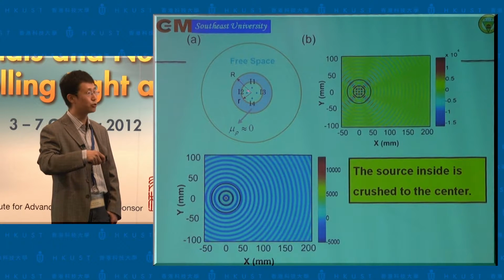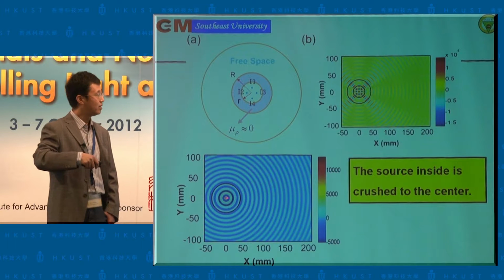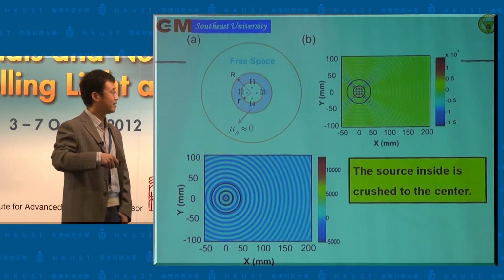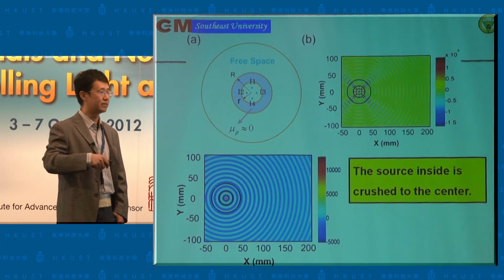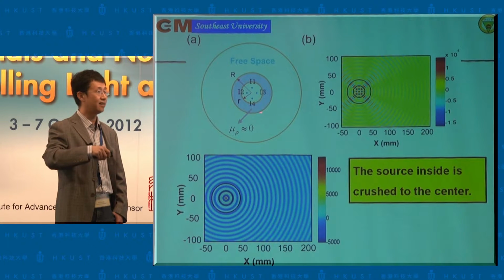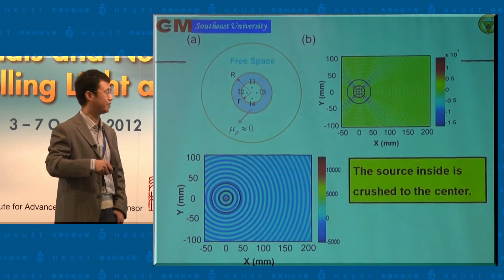However, when the four sources are placed inside the anisotropic metamaterial, it will radiate a perfect cylindrical wave. So in this case, different from the planar case, any sources inside the metamaterial will be crushed to the center to radiate a perfect cylindrical wave.